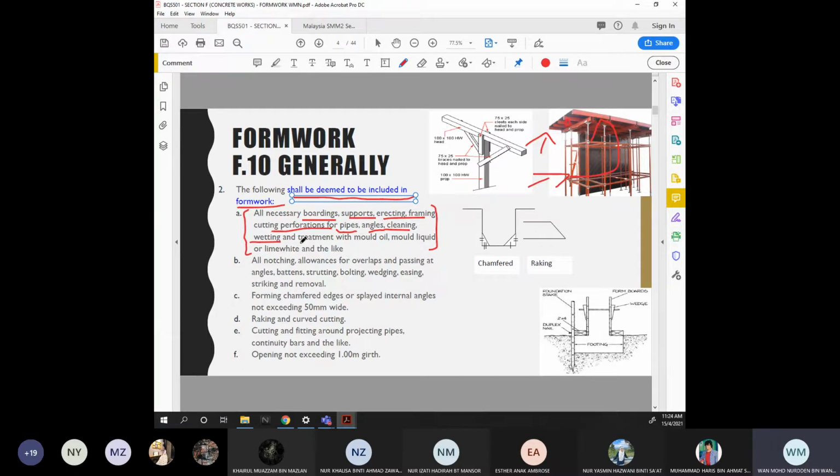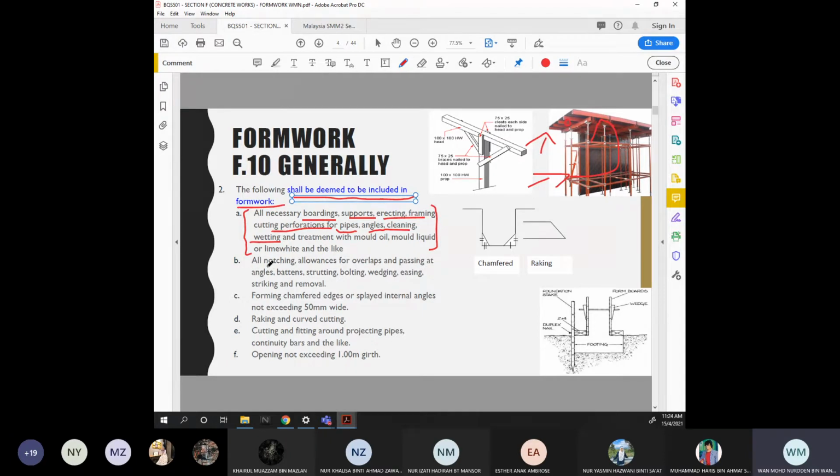And ada situation yang memerlukan treatment with mold oil, mold liquid, or lime white and the like lah. All of this adalah untuk treatment untuk kita punya formwork.